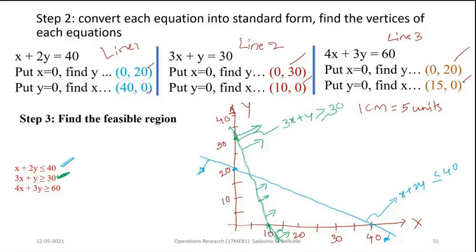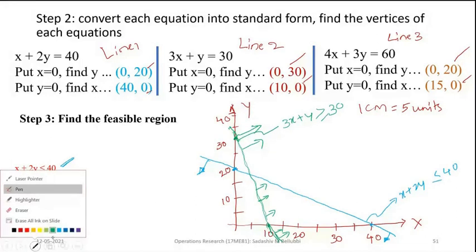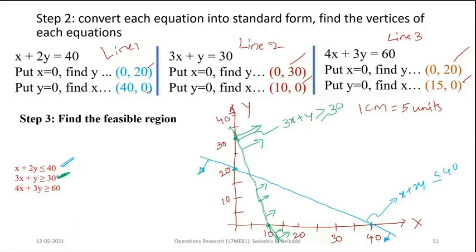Now we'll move on to the third line: 4x plus 3y greater than or equal to 60. When x is 0, y is 20, and when y is 0, x is 15.